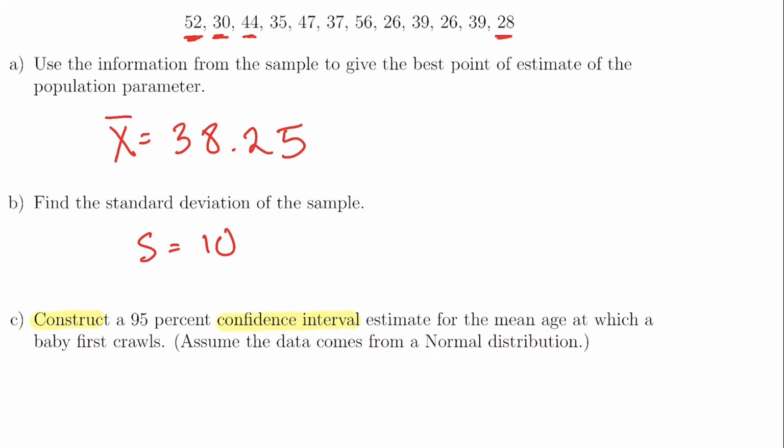For confidence intervals, we technically have 3 options: 9.1, where we construct a confidence interval for the proportion, 9.2, for the mean, or 9.3, for standard deviation. Since they're telling us we're doing it for the mean, that's how I know we should be using the information from 9.2 and not 9.1 or 9.3.